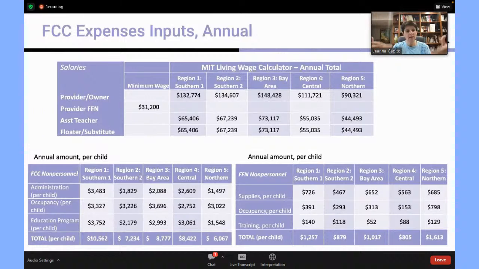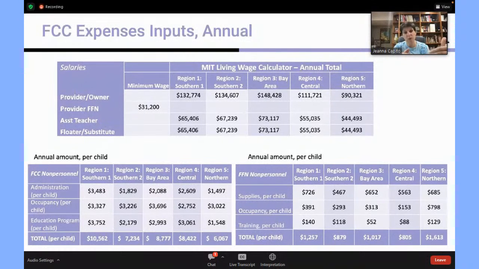Where this then differs, we use the same approach where we use data to inform the difference between the assistant teacher and what the owner provider position needs to be paid at. But we use that from our family childcare data collection in the survey. So the difference between these two positions is the information that we gathered through the surveys on the difference between the desired salary for an owner and that of their assistant, the percentage difference.